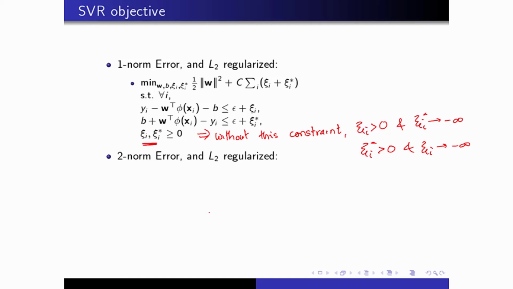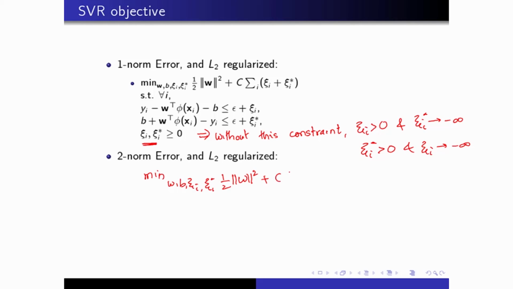We could also have an alternative formulation with 2 norm error and the same L2 regularizer, and this would correspond to a min over W, B, xi, xi star of 1/2 norm W square.